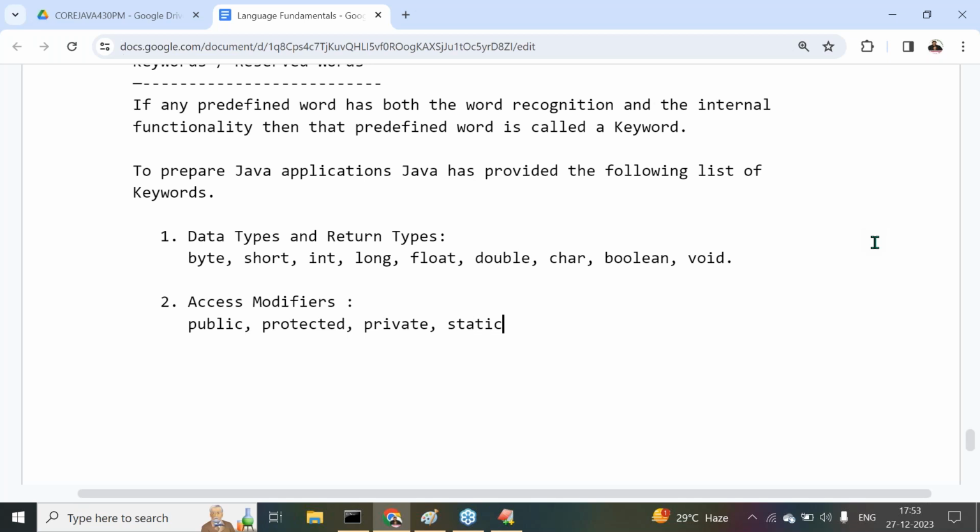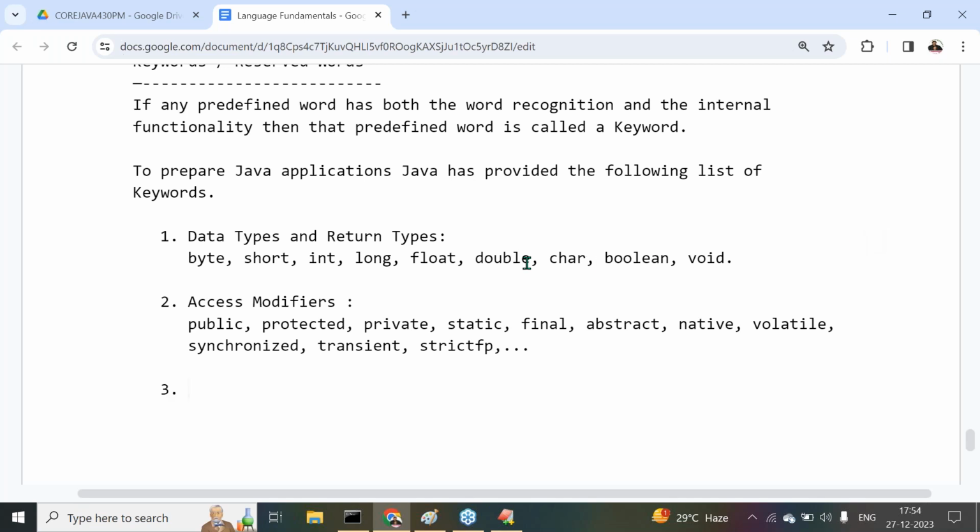Next are static, final, abstract, native, volatile, synchronized, transient, strictfp, and so on. If anything is remaining, we can understand. These are overall the access modifiers related keywords.